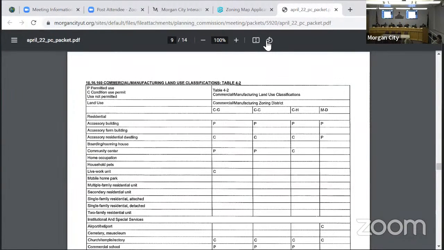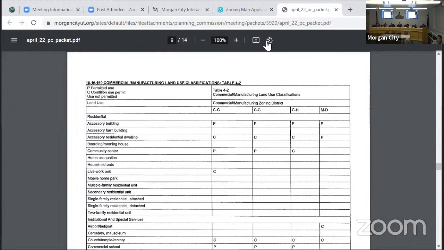So, Mr. Chair, can I start off with one that I had a question on? Please, go ahead, Teresa. So in column 1 is commercial general, commercial central, continuing on to commercial highway, and then manufacturing. For example, car wash is permitted in the commercial general and commercial central.